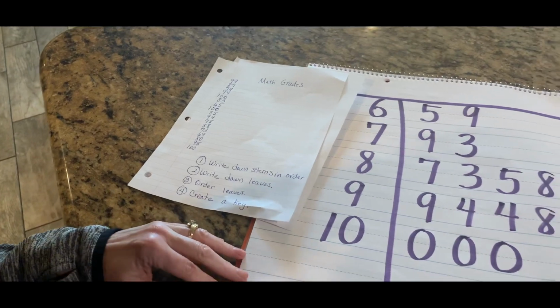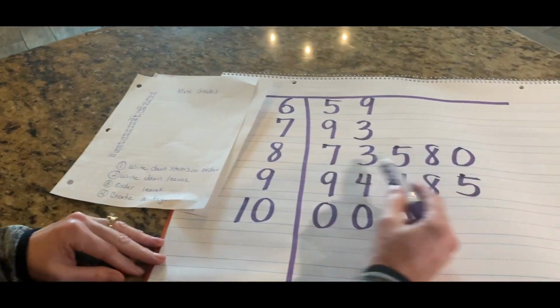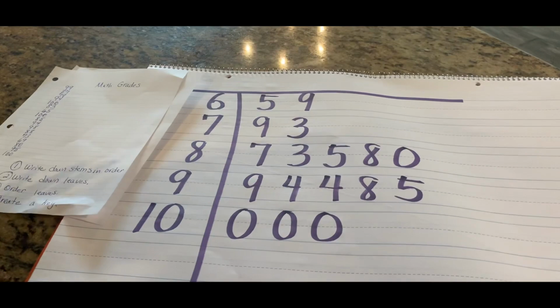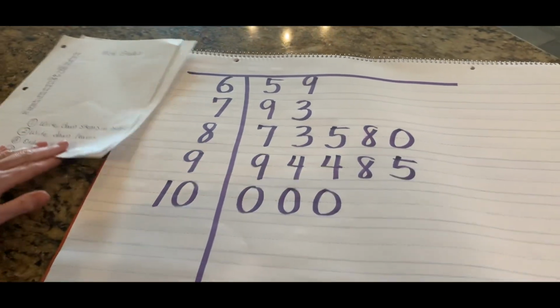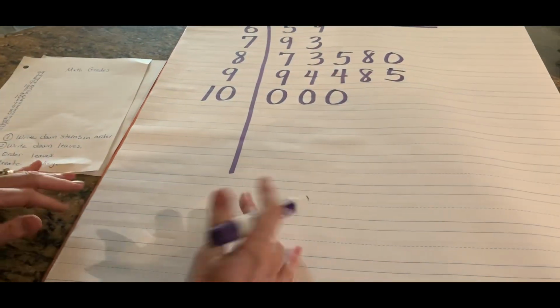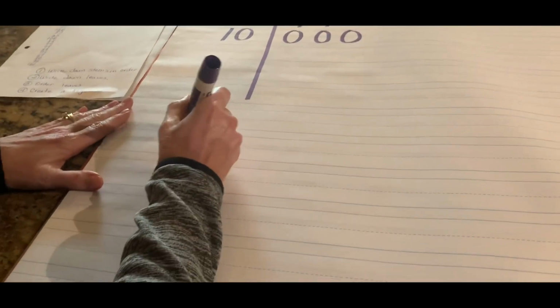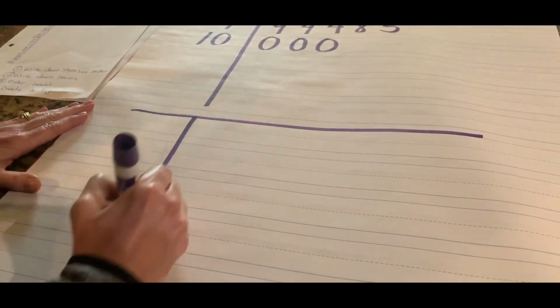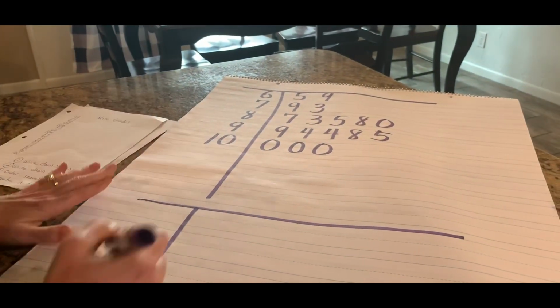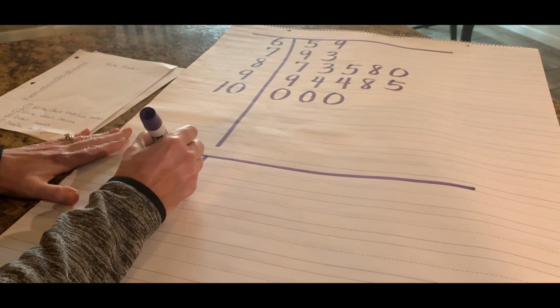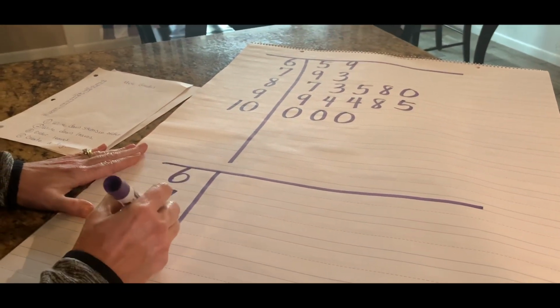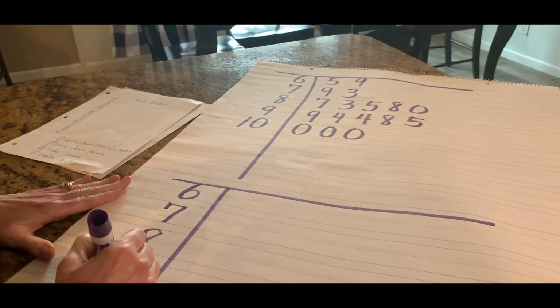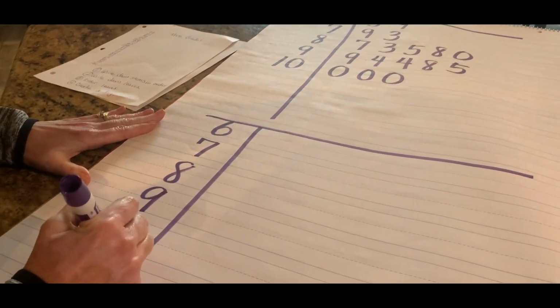So now I'm going to put my leaves in order so that Mom could look at it even easier. I'm going to scoot this up a little bit and draw a new T down here. I'm going to put the same stems that I had up here because I'm using the same grades: 6, 7, 8, 9, 10.